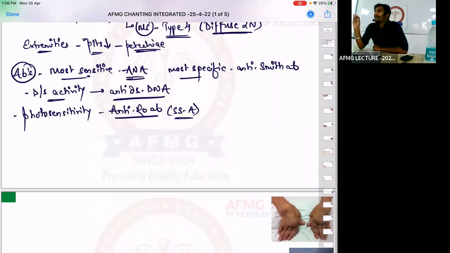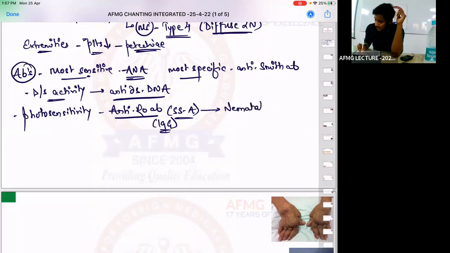Please remember, apart from photosensitivity, anti-Ro antibody can also be a cause of neonatal lupus. So if an SLE patient is pregnant, what can happen? This anti-Ro antibody, as it is IgG type, can cross the placenta and damage the fetus. And in the child, we can find neonatal lupus.